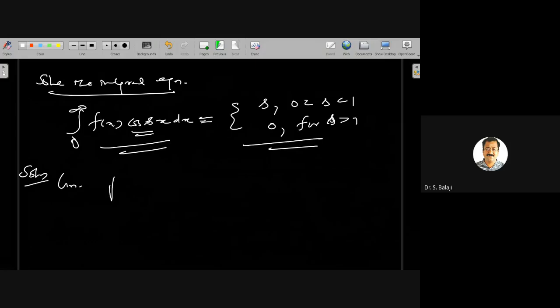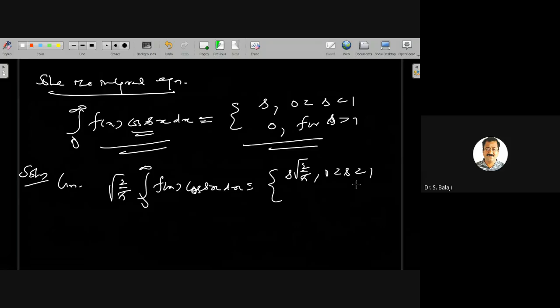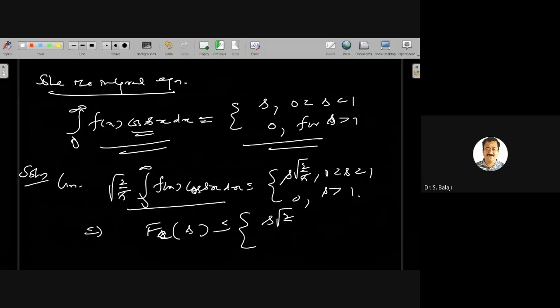In the given relation, root of 2 by pi times the integral from 0 to infinity of f of x cos sx dx equals root of 2 by pi times s for 0 less than s less than 1, and 0 for s greater than 1.